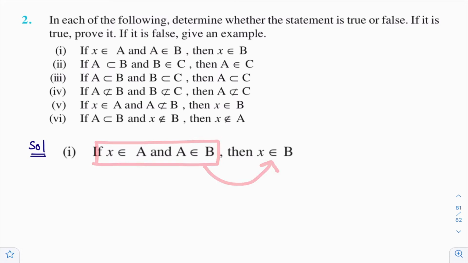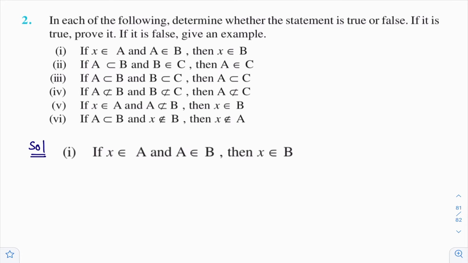So what I'll do is check this with a random example. I'll take set A equal to {1, 2}. And set B, I'll consider in such a way that set A is present in set B. Actually, this problem you can understand in exercise number 1.3, the third problem.